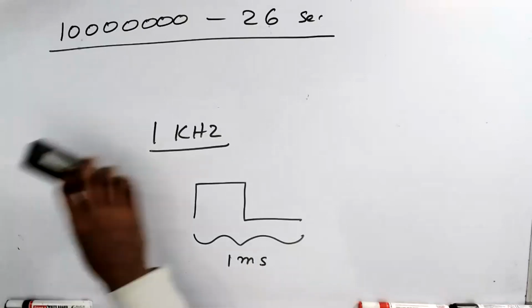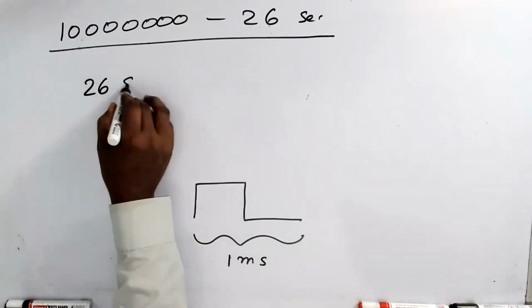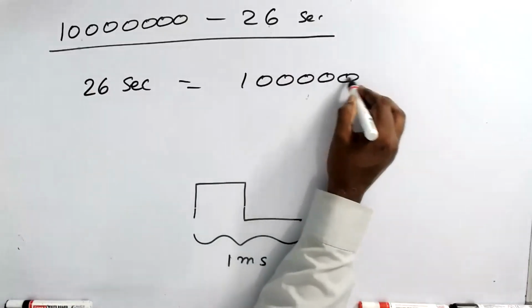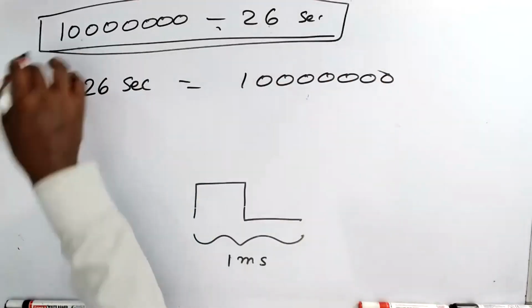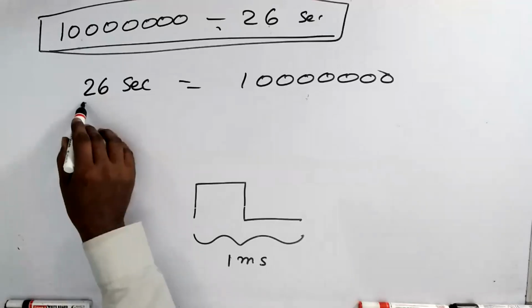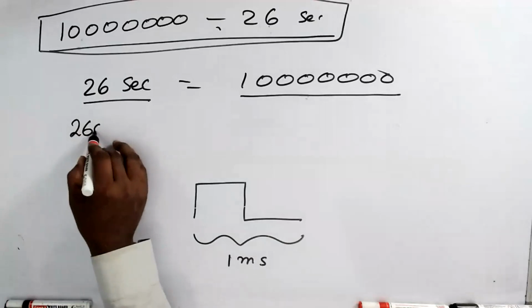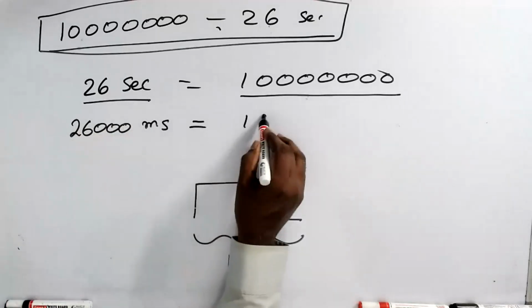Now calculate. 26 seconds is equal to 1 crore. That is what you measured just now. 26 seconds is equal to this one. Now 26,000 milliseconds is equal to 1 crore.